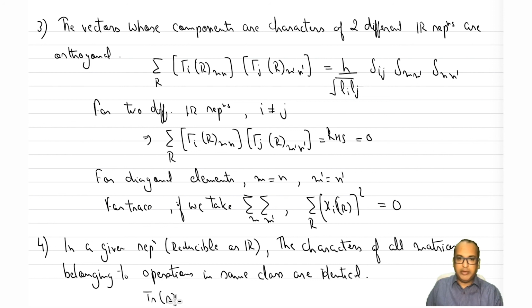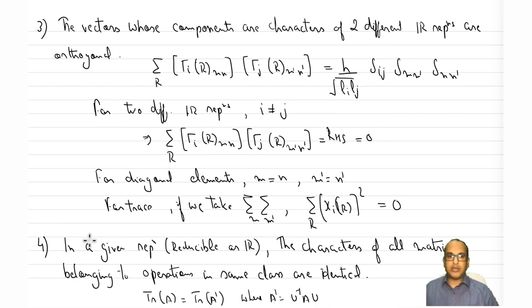Trace of A is equal to trace of A prime, where trace is called the character here, and A prime is nothing but U inverse A U. So there is nothing to prove here, but this can also be shown as a proof from GOT. We have shown it without GOT, but GOT can also be used to show this.